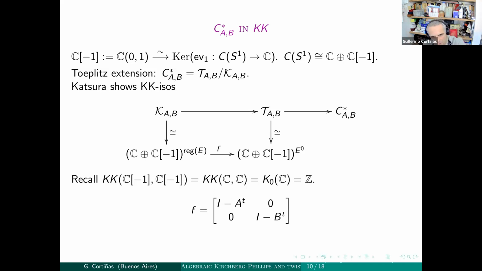And so this 1 minus A transpose is a map in KK between C to the reg E and C to the E^0. Similarly, 1 minus B transpose is a map between C_{-1} to the reg E and C_{-1} to the E^0, right? So that's what Katsura identifies, and this is how he gets his calculation of K_0 and K_1 of C star AB.